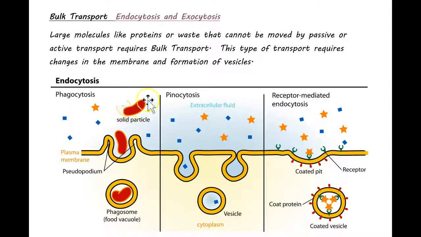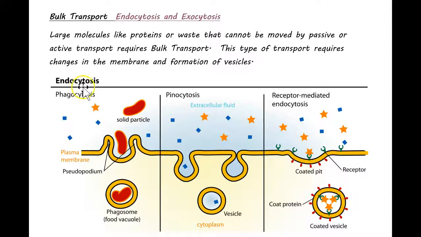So here's a solid food particle that needs to come into the cell, and when it comes in contact with the cell membrane, it's going to form a little pocket or a pit, and as this pressures a little bit more, this pocket in the pit is going to seal off to form a vesicle, and this vesicle is going to have the food that will come in, and now a lysosome can attach to it to digest it. This form, since this is a solid particle, is known as phagocytosis, and phage means to eat.